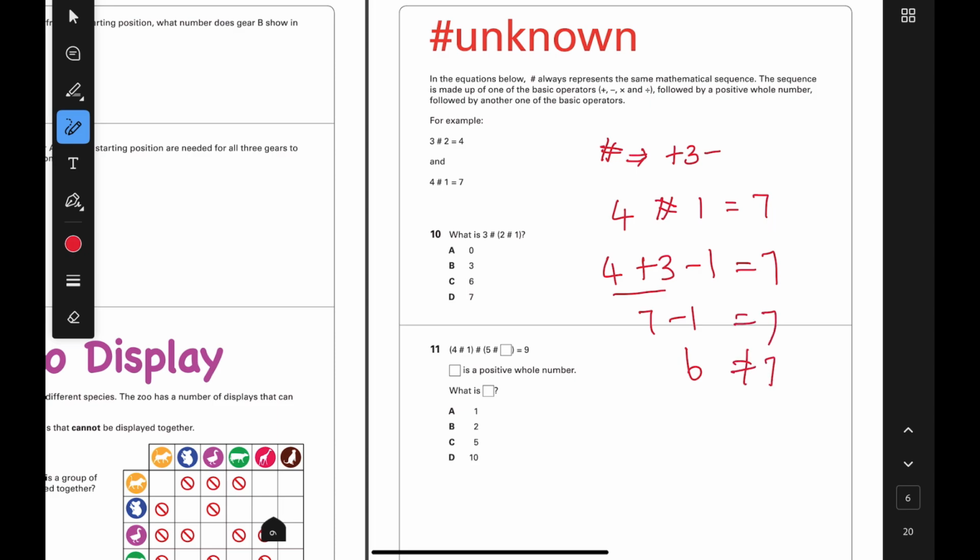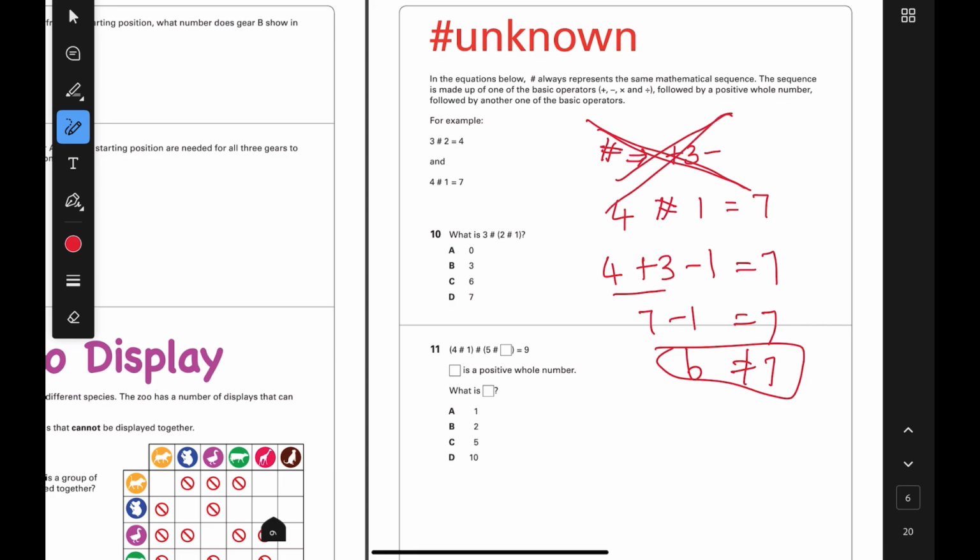The hashtag was implying plus 3 minus. So 4 hashtag 1 equal to 7. So 4 plus 3 minus 1 equal to 7. 4 plus 3 is 7, minus 1 is 6, which is not equal to 7. So this is not our sequence.